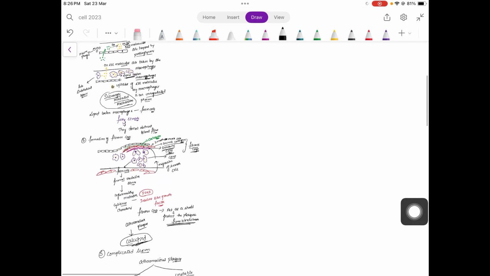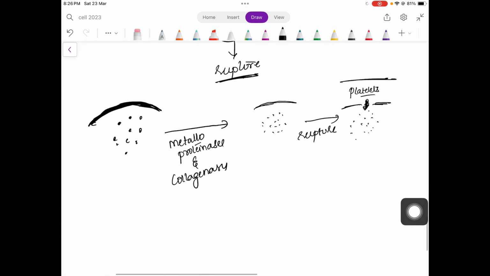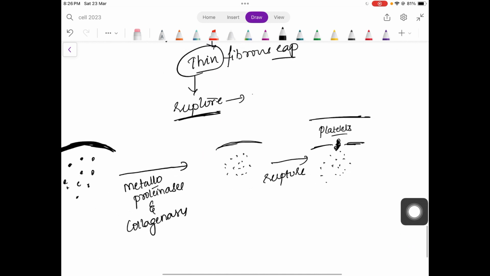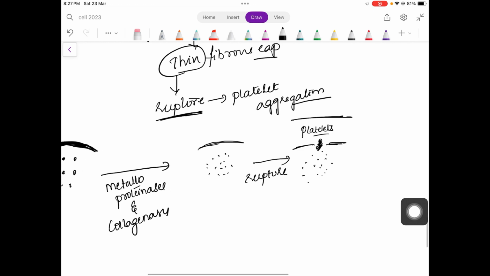This rupture will cause platelet aggregation, and platelet aggregation will cause thrombus formation.